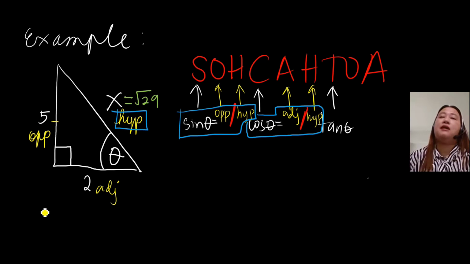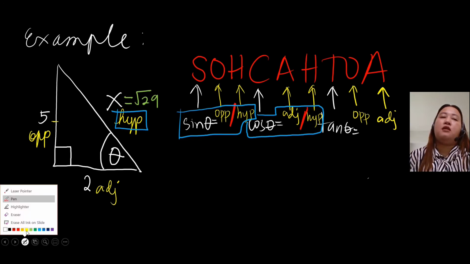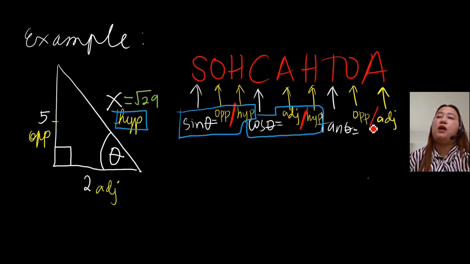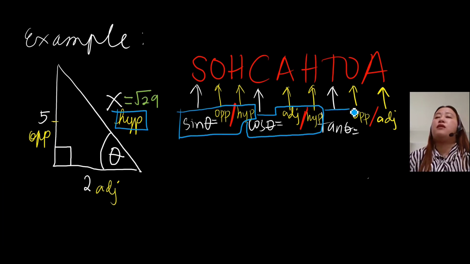For the tangent, O is opposite and A is adjacent. You just put an equal sign and then a slash in between opposite and adjacent, and you already have the formula for tangent. So tangent theta is opposite over adjacent.